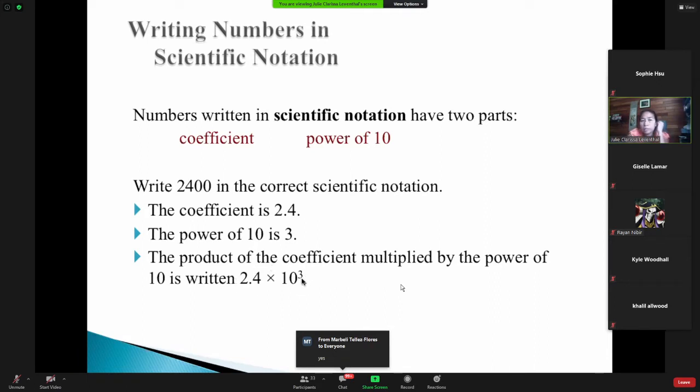In scientific notation, you have your conventional, the standard. If you change the powers here, you can write this in many different scientific notations.